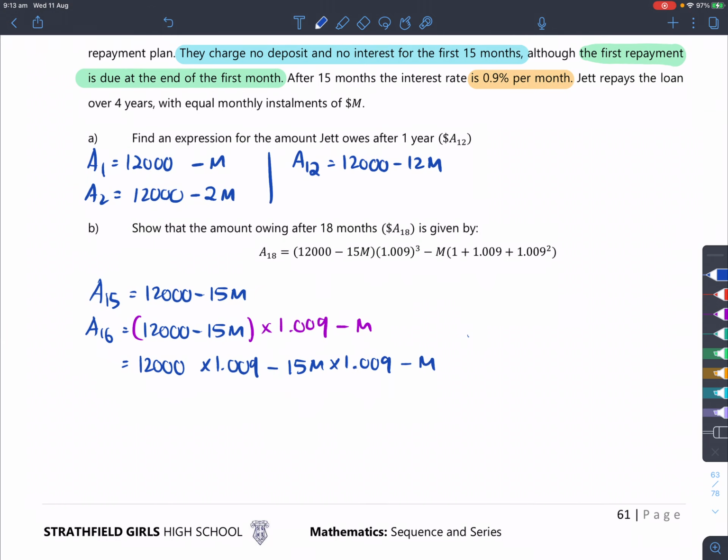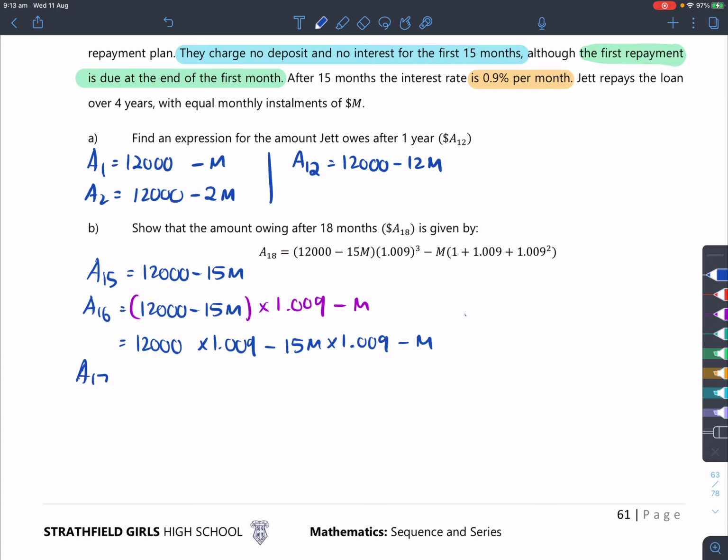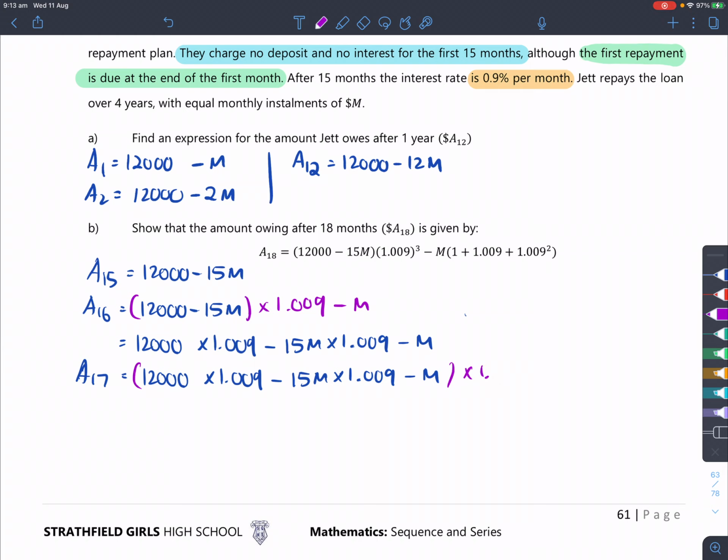Then A17 would be A16, so I'm just going to copy that down, and I will repeat the same thing again. So I will multiply by 1.009 minus M. So that will be now 12,000 times 1.009 squared minus 15M times 1.009 squared and minus 1.009M, and then finalize that by writing the minus M at the end.